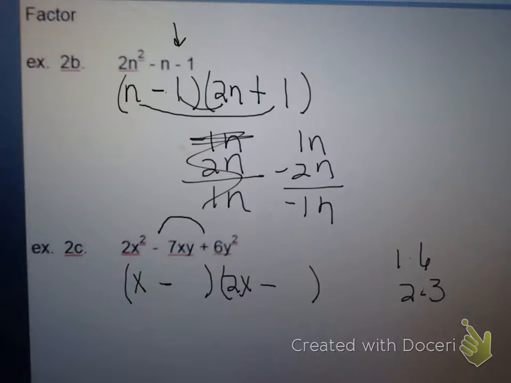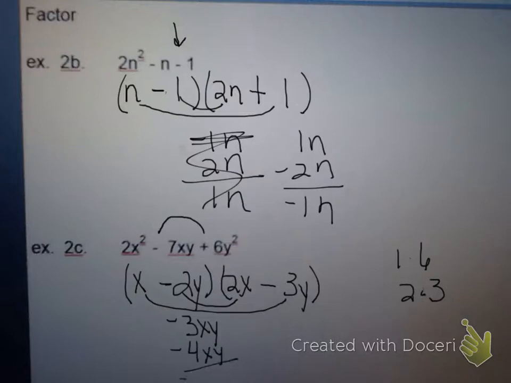I'm going to try the 2 and the 3, but because of that y squared, it's really 2y and 3y. Now check, my outside is a negative 3xy, and my inside, negative 2 times 2x, is a negative 4xy, which makes a negative 7xy. So that is my middle term. So you're good.